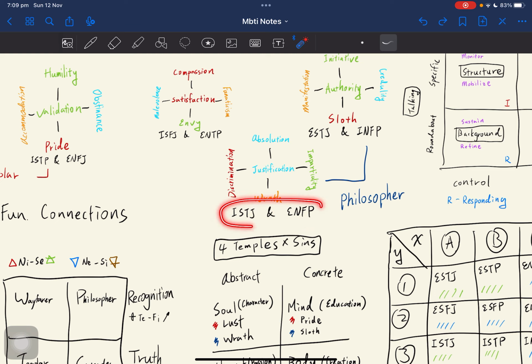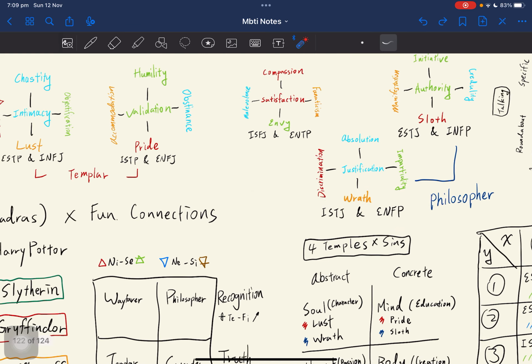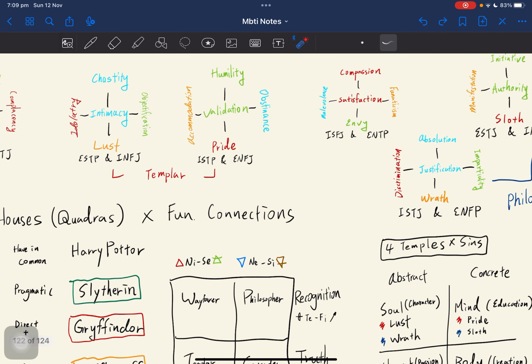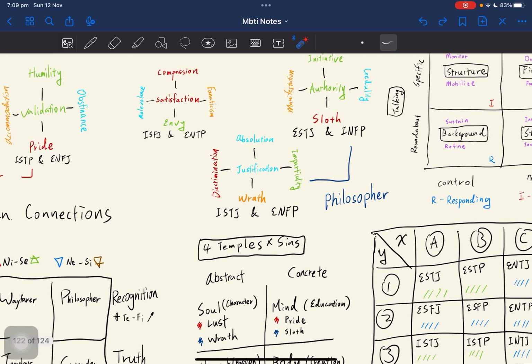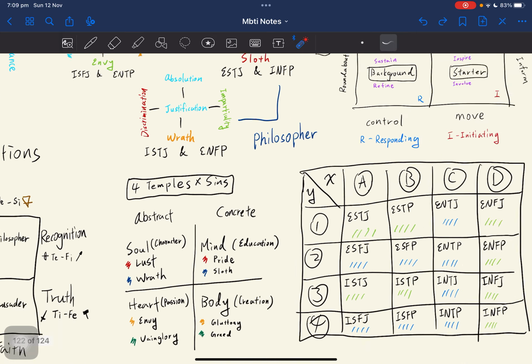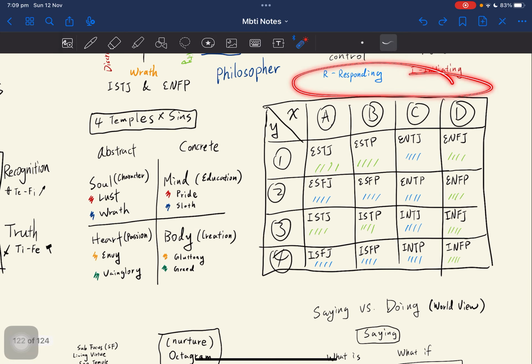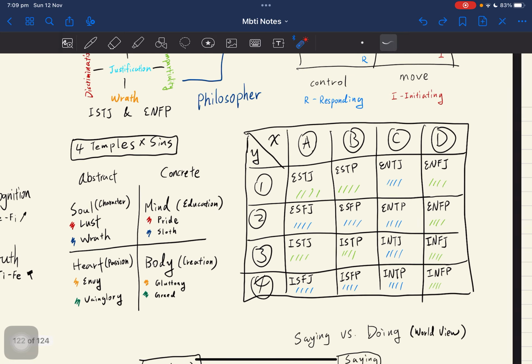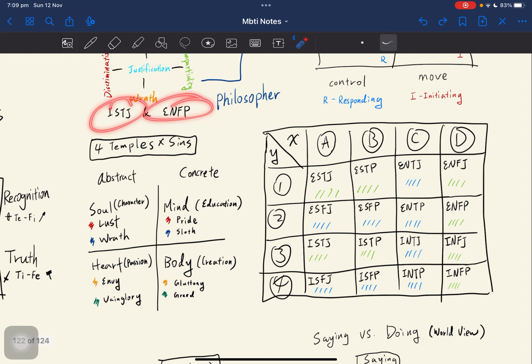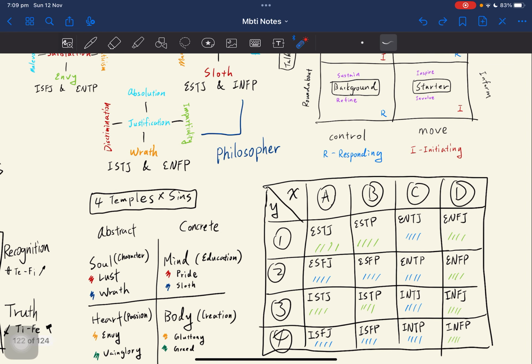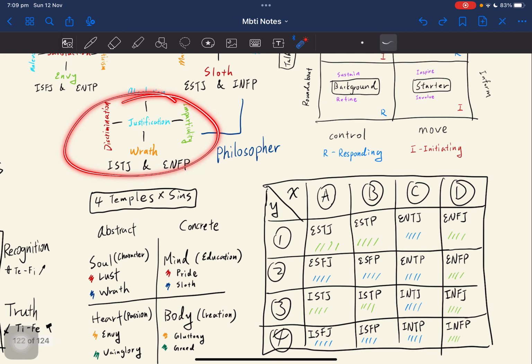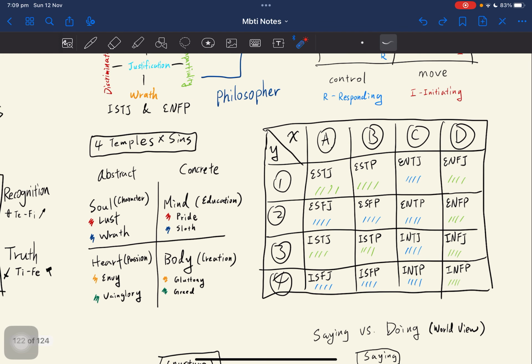So consider both possibilities and look into each one and compare with other information, because these two are in the same tempo, but this one is here and this one is here.